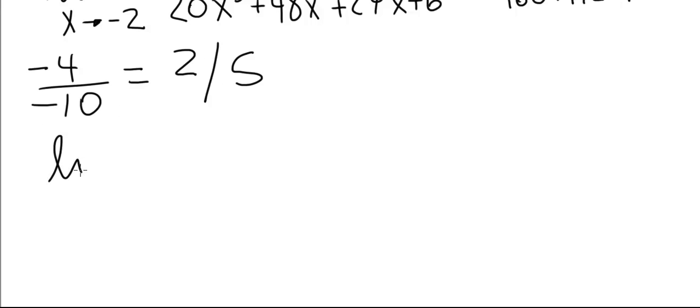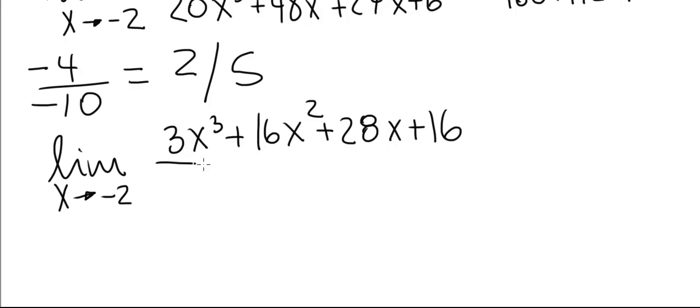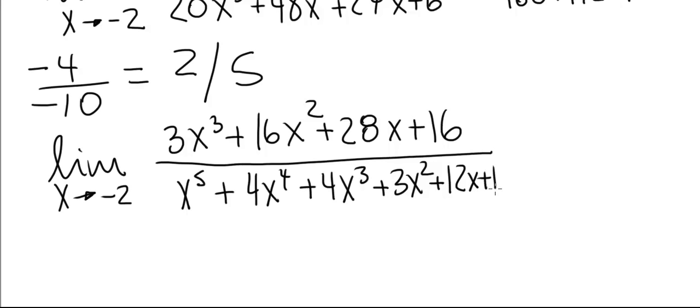So the summary is: the limit as x approaches negative 2 of 3x cubed plus 16x squared plus 28x plus 16 divided by x to the 5th plus 4x to the 4th plus 4x cubed plus 3x squared plus 12x plus 12, after two applications of L'Hopital's rule, is equal to 2 over 5.